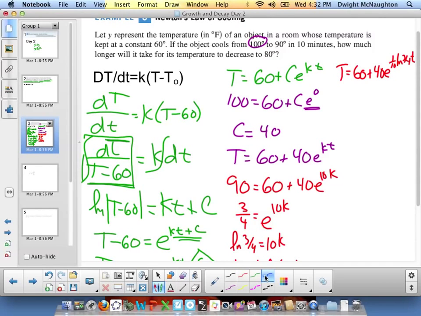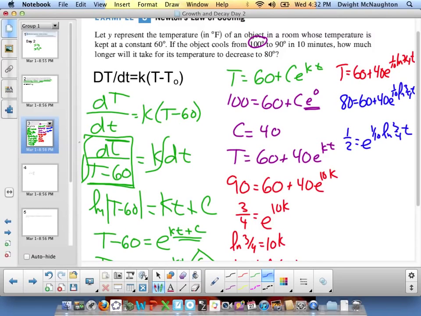Well, put 80 in for T. 80 equals 60 plus 40e to the 1/10 natural log of 3/4 times t. Subtract 60, you get 20. Divide by 40, you get 1/2 equals e to the 1/10 natural log of 3/4 times t. Obviously, you can estimate that to get a value.